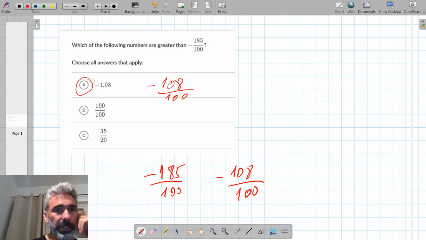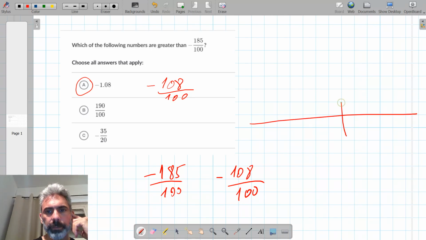So this is greater. Minus 108 hundredths is greater than minus 185 hundredths, because minus 185 hundredths is to the left of minus 108 hundredths on the number line.